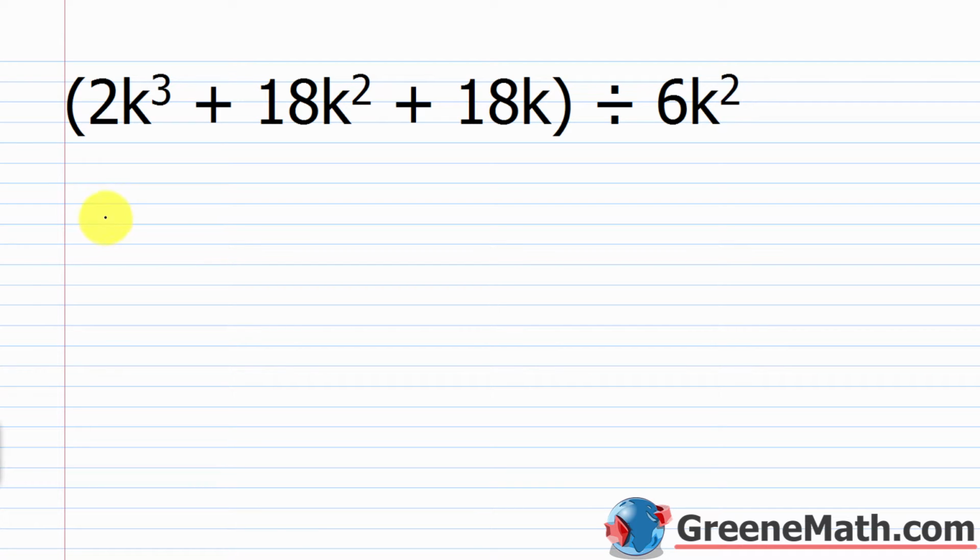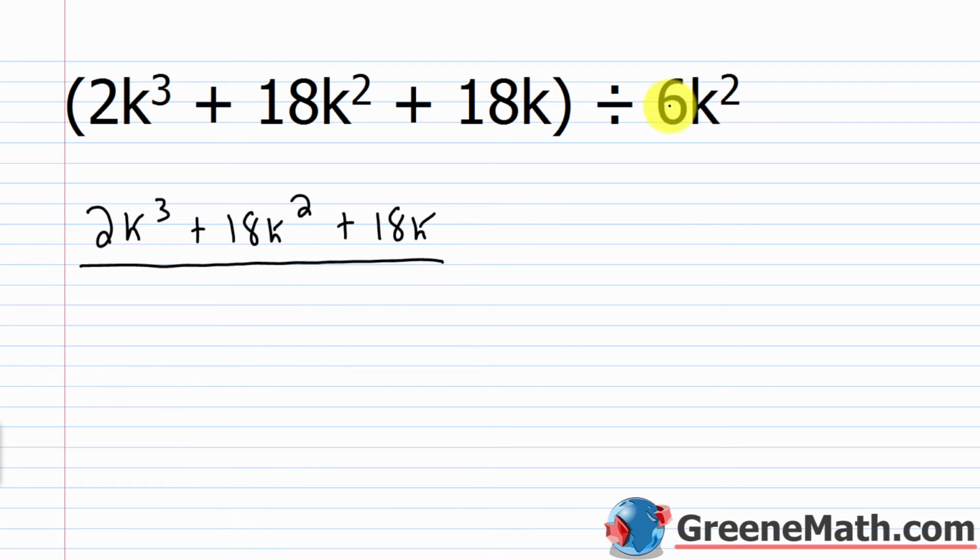So I'm going to write 2k cubed plus 18k squared plus 18k, then put a fraction bar, and my divisor goes in the denominator. So I have my numerator, or my dividend, which is 2k cubed plus 18k squared plus 18k, and then it's divided by our divisor, or the denominator, 6k squared.